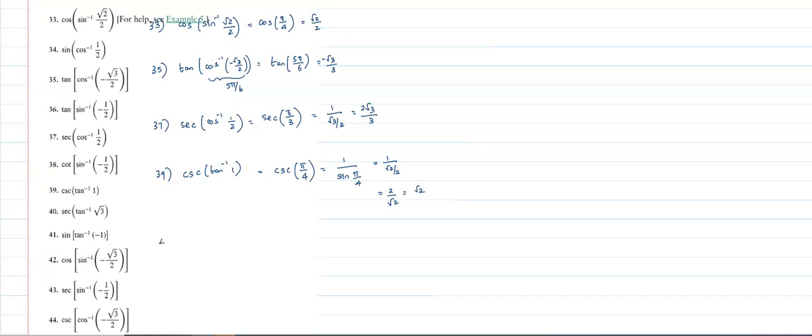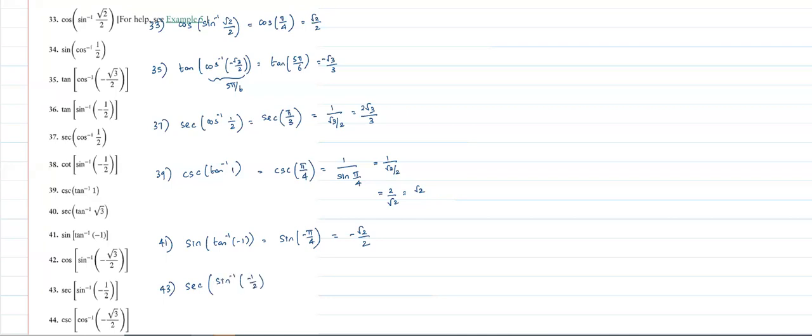41, I have sine of tan inverse of negative 1. Tan inverse of negative 1 is negative pi over 4. And sine negative pi over 4 is negative root 2 over 2. 43. Secant of sine inverse of negative half.